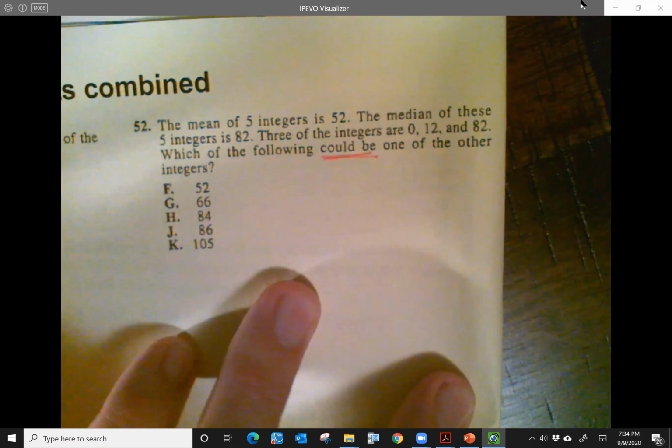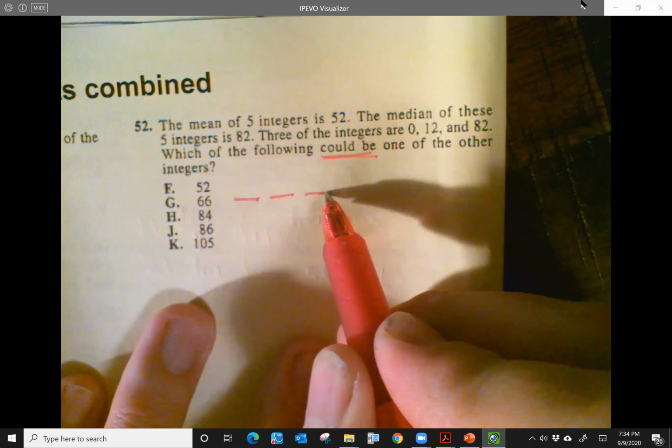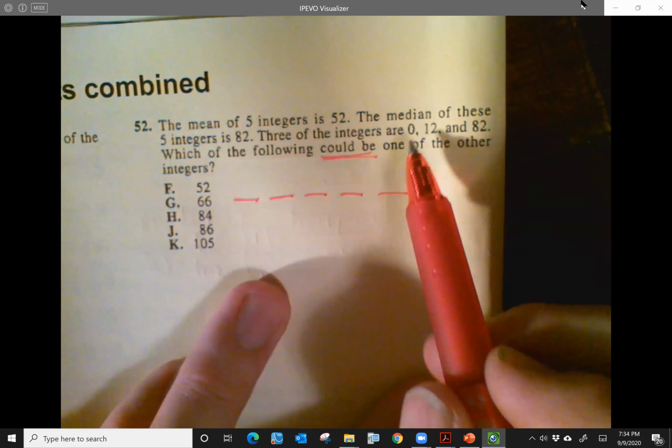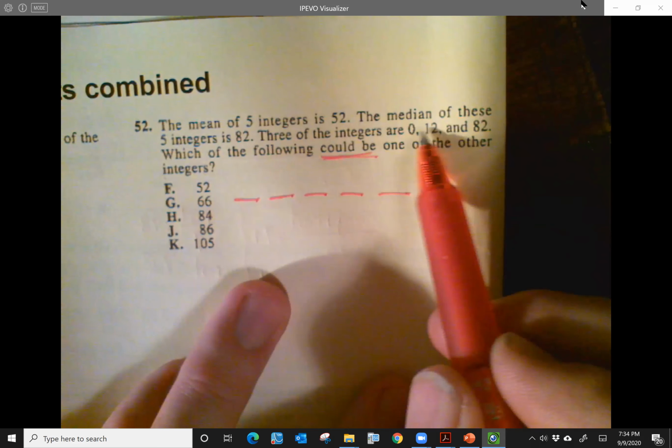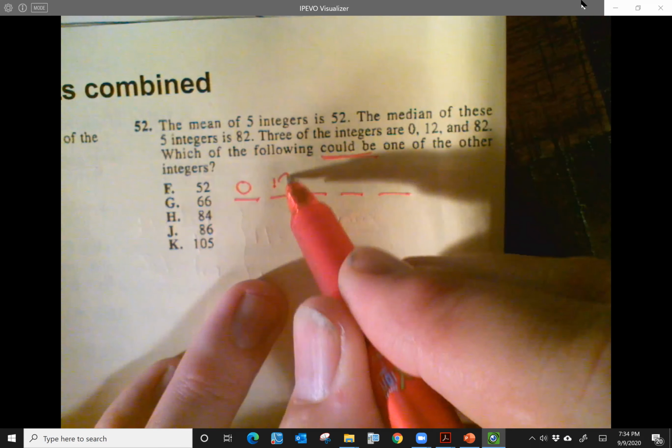Now, we're told we have 5 integers. So what I'm going to do is make 5 blanks. 1, 2, 3, 4, 5. So that's 5 numbers, right? Now they're telling us 3 of the numbers. I'm going to put 0 here, 12 here, 82 here.